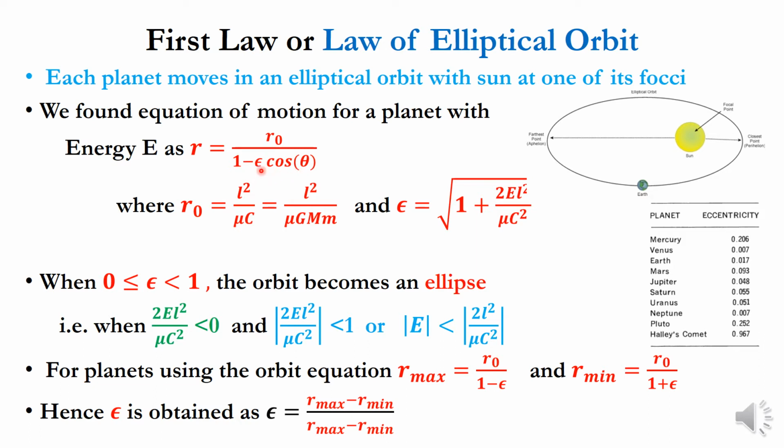We know that this epsilon is the eccentricity, which is in between 0 and 1 for the ellipse, where this r0 is L square by mu c, where this L is the angular momentum, mu is the reduced mass of the system, and c is equal to G capital M and small m. And this eccentricity is given by root of 1 plus 2 E L square by mu c square.